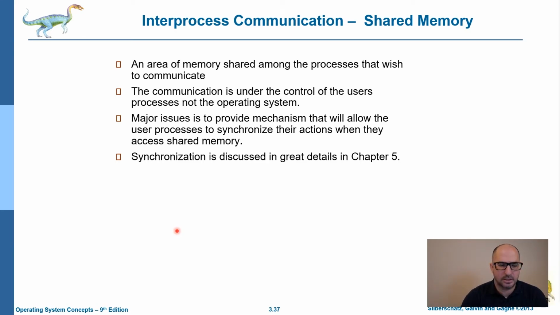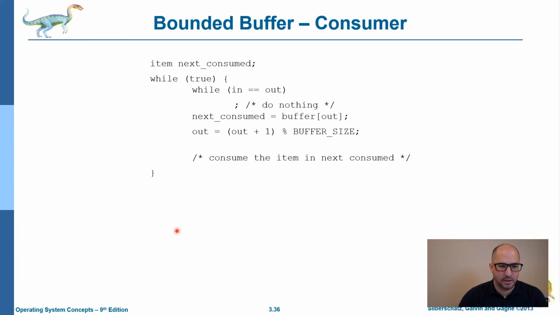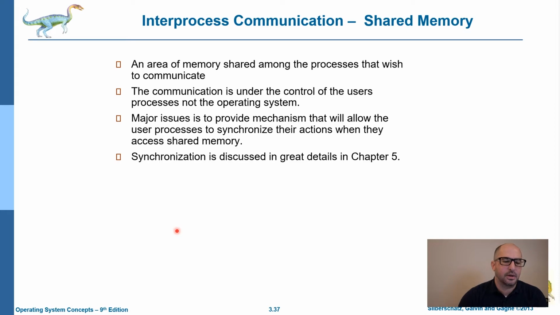With two processes, I believe there is still a race condition, but regardless, you can look at it on your own and see that it's still there. Synchronization addresses race conditions, and the reason I'm not going into it now is because we'll talk about it in chapter 5.